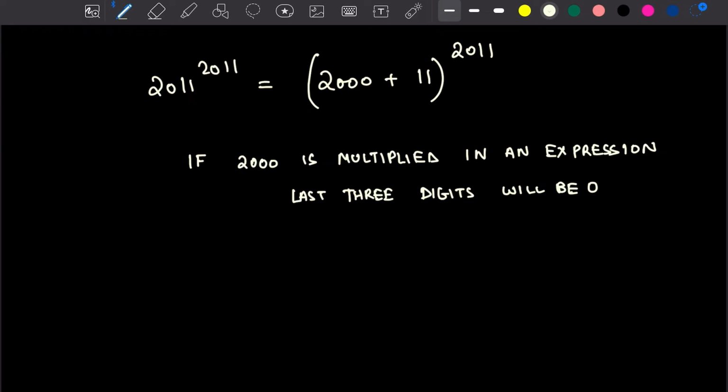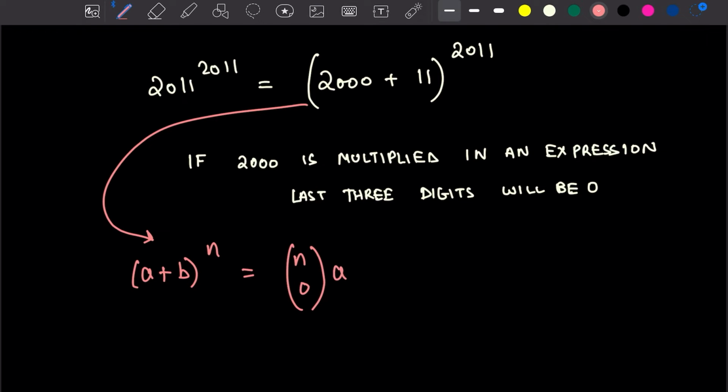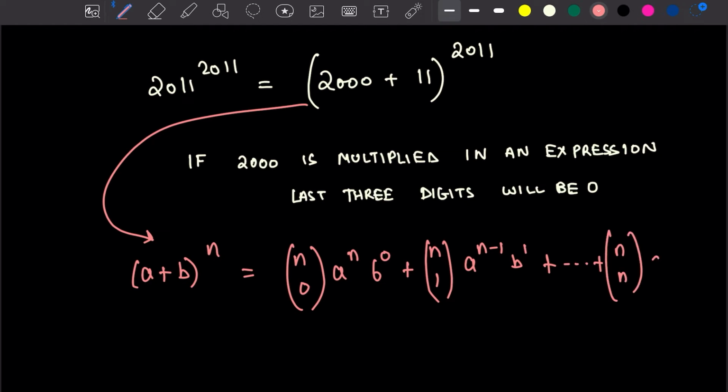So what happens if we binomially expand this? I'm assuming that you know the binomial expansion formula. It's just this: (a plus b) raised to the power n is n choose 0, a to the power n, b to the power 0, plus n choose 1, a to the power n minus 1, b to the power 1, up to n choose n, a to the power 0, b to the power n.